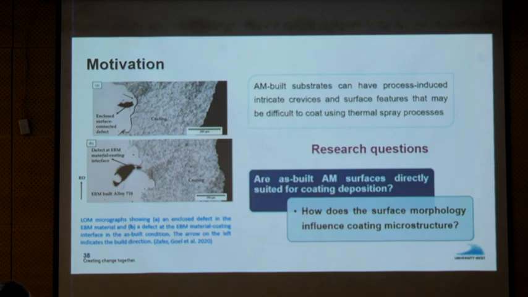So as you rightly said, the surface roughness is very different depending upon how you build. Maybe wire-based AM will have a very rough surface. EBM also very rough. SLM maybe not so much, right? So each surface is different in as-built condition, and the requirement of each coating process is also different, right?